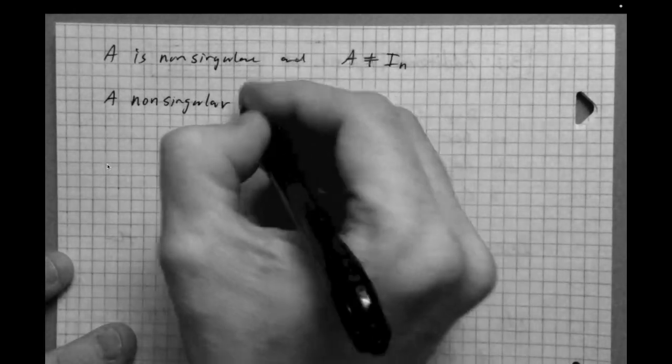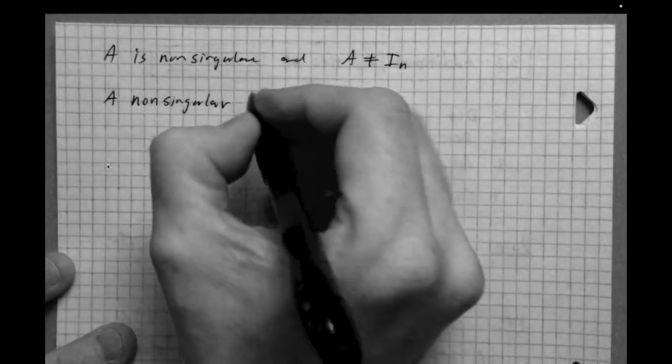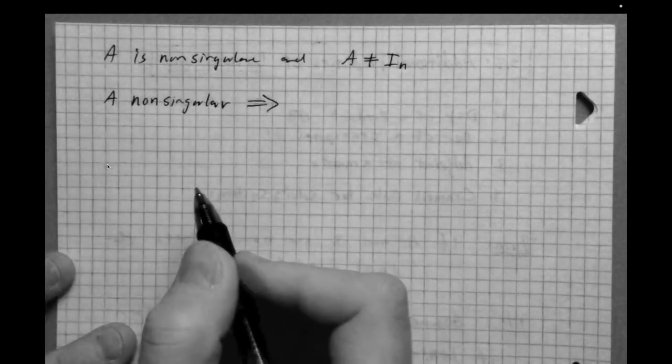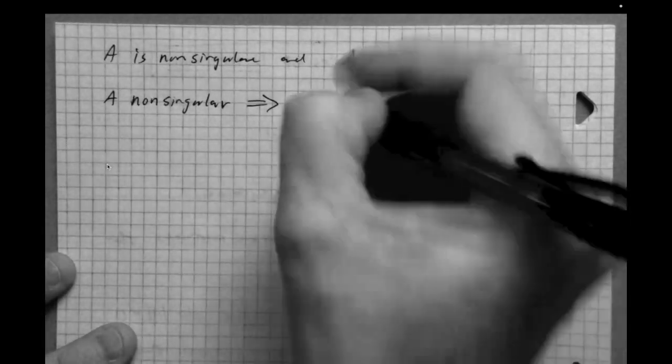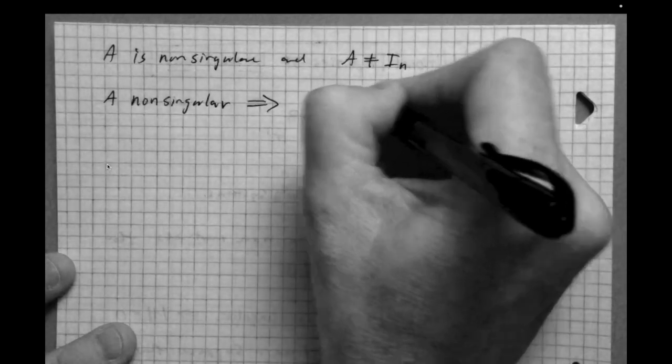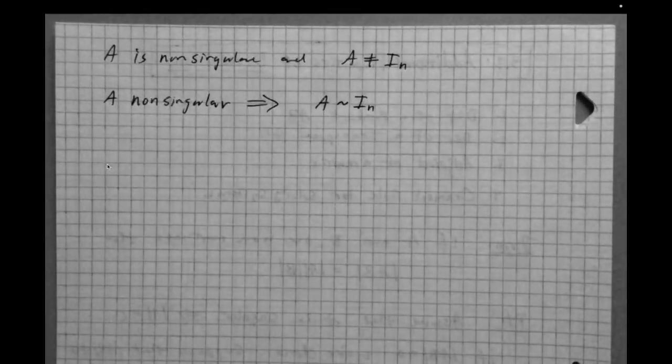It isn't the identity matrix itself, but if A is non-singular, then it's row equivalent to the identity matrix. So A is row equivalent to the identity matrix. And what does that mean? Well, it means that I can apply some series of row operations to the matrix A and reduce it to the identity matrix. So A can be row reduced to the identity matrix.